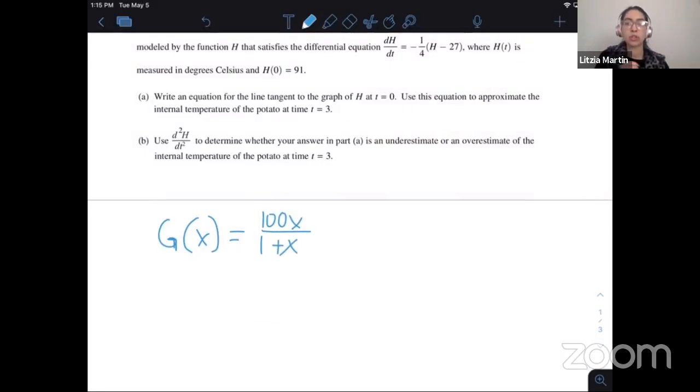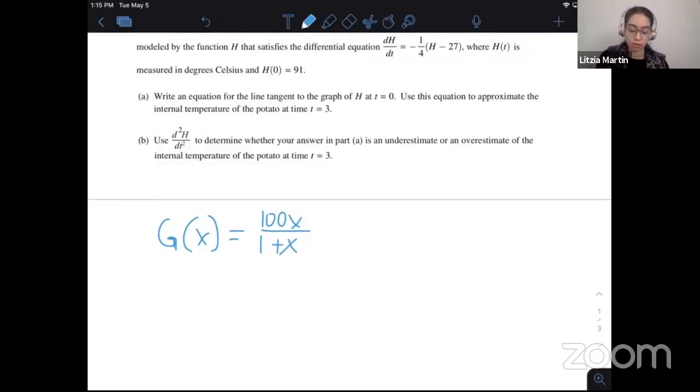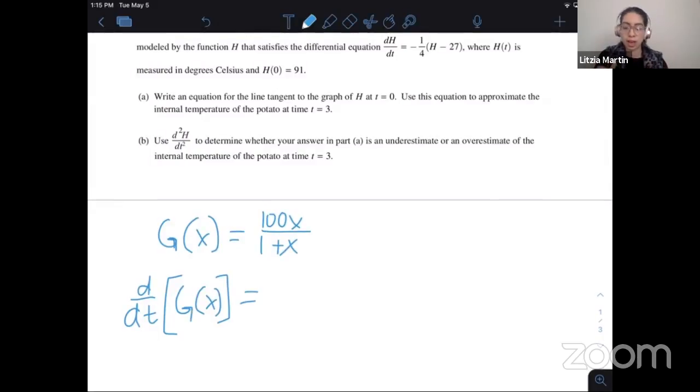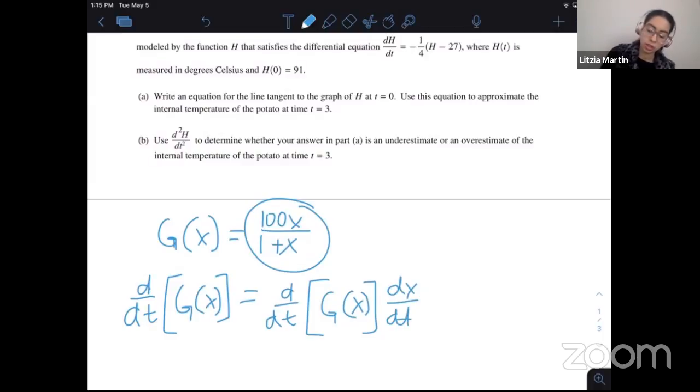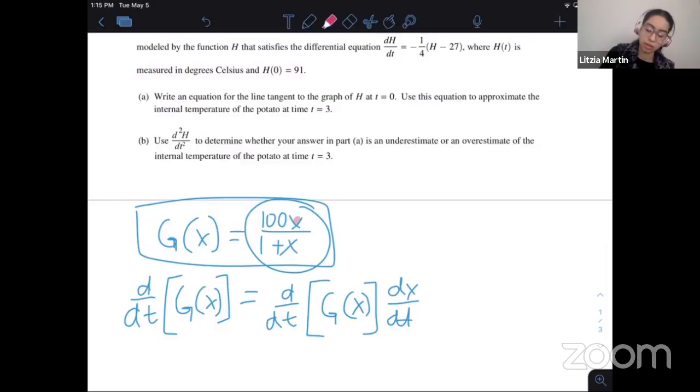But it's asking us to take the derivative of this with respect to time. So that is why we have to end up taking this derivative and then multiplying it by dx over dt, because this function is in terms of x.